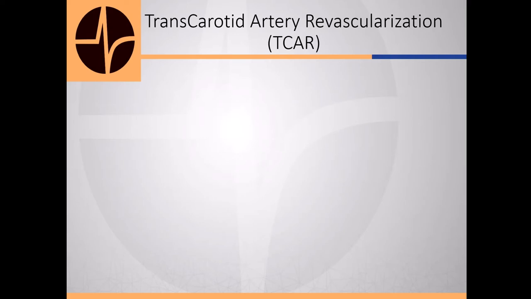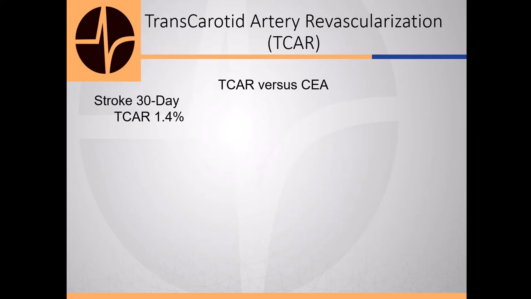So I'm going to give you some statistics of TCAR versus carotid endarterectomy, and I'm doing this because I think you're going to see more and more surgeons using this procedure. So TCAR versus CEA. Stroke for 30 days, TCAR 1.4%, CEA 2.3%.